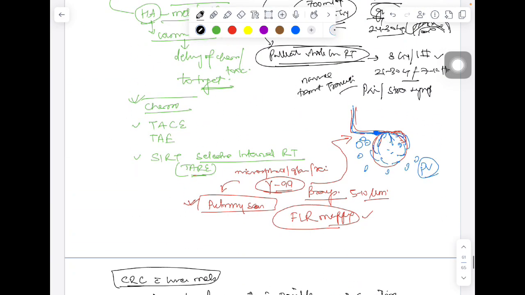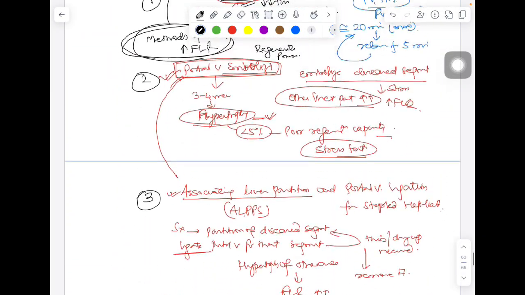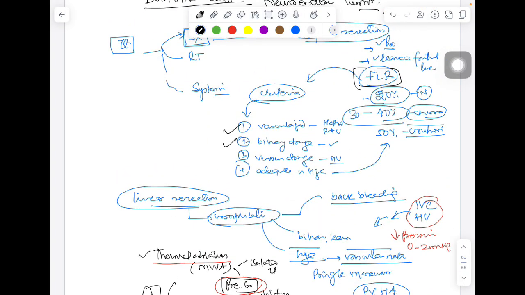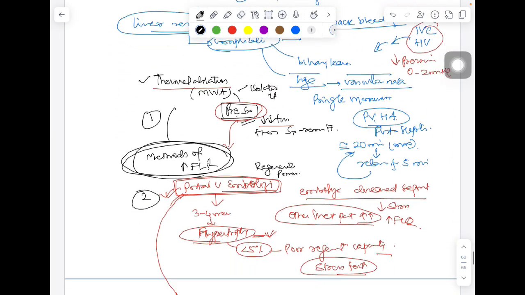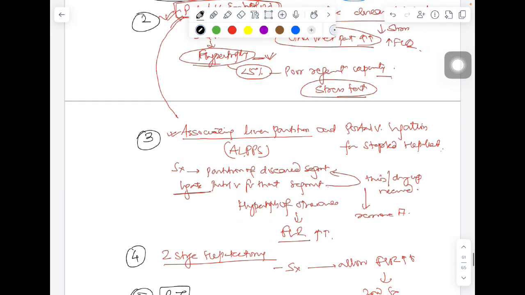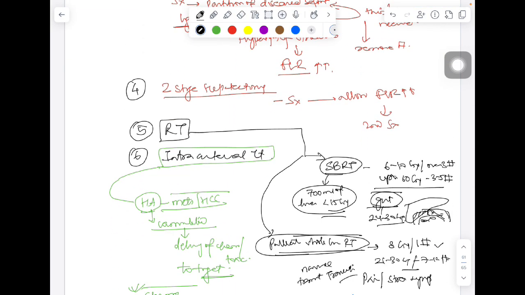We are repeating the basics. For FLR we must know these 4 criteria: vascular supply, biliary drainage, venous drainage, and adequate size. Then to increase FLR we have thermal ablation, portal vein embolization, ALPPS, two-stage hepatectomy, SBRT, or intra-arterial therapy. These can increase FLR and can also be used as isolated agents.